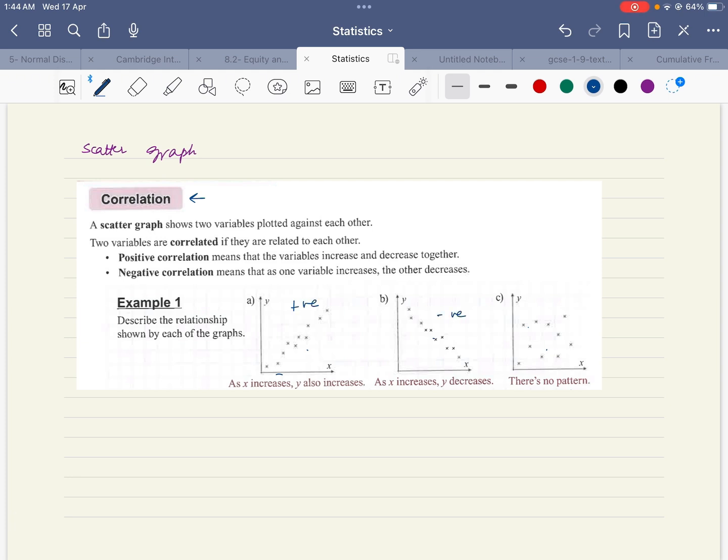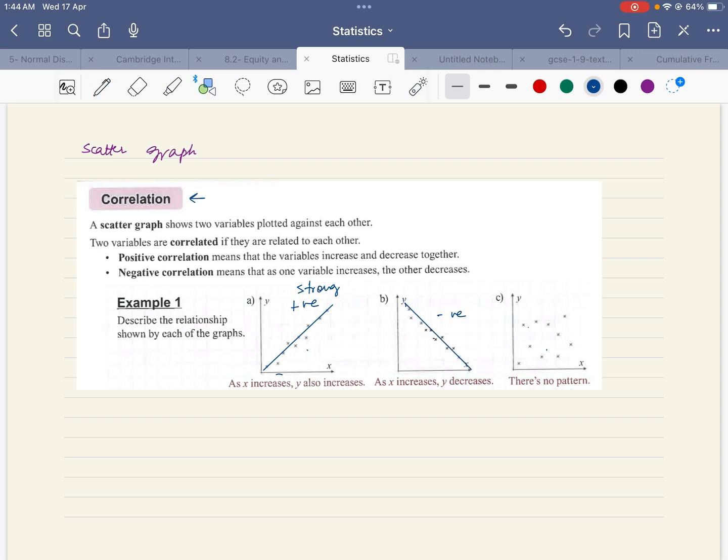How do we identify positive and negative? If we pass a line from here, it will be closer to most of the points, right? This is strong positive, strong when it's closer to most of the points, and this is a line with a positive slope.